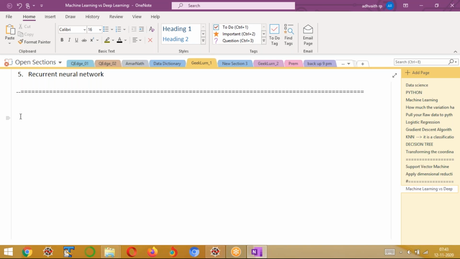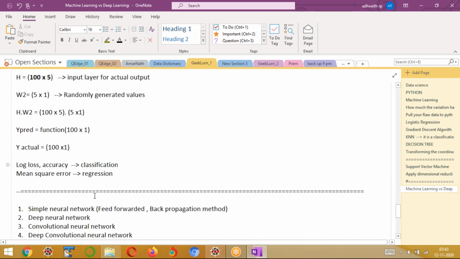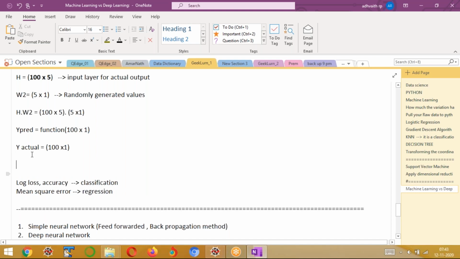So here, I already told, I guess, log loss for classification, mean square error. This y minus y hat will always be called the loss function. That means, indirectly, error. So instead of saying error, sometimes we may say loss function.